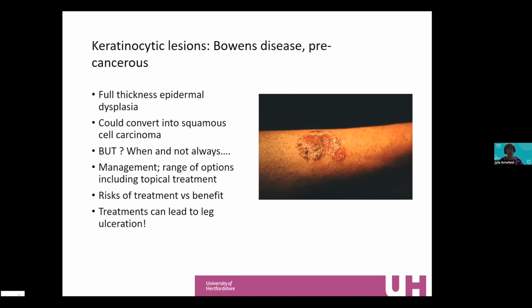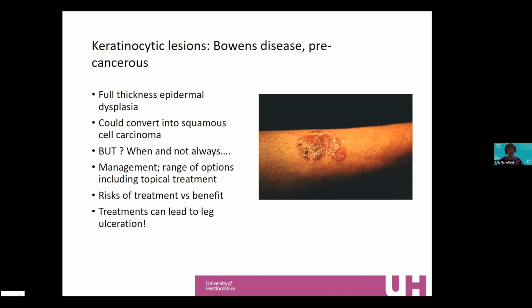And that can sometimes be challenging because we've got an elderly, frail patient with very swollen legs and diabetes, and you identify that they may have Bowen's disease. The risk for the treatment with this is that you may lead to leg ulceration. So you have to balance the risks of the potential development of squamous cell carcinoma with the potential morbidity of your treatments.